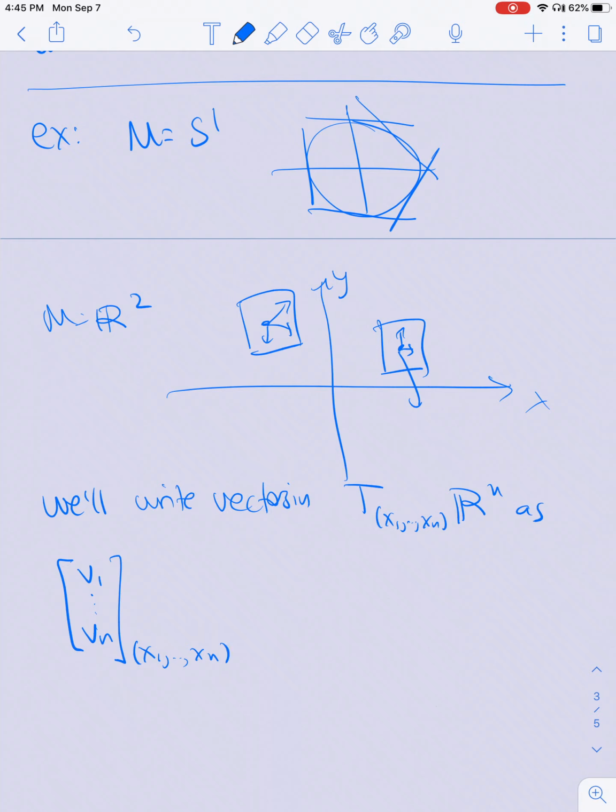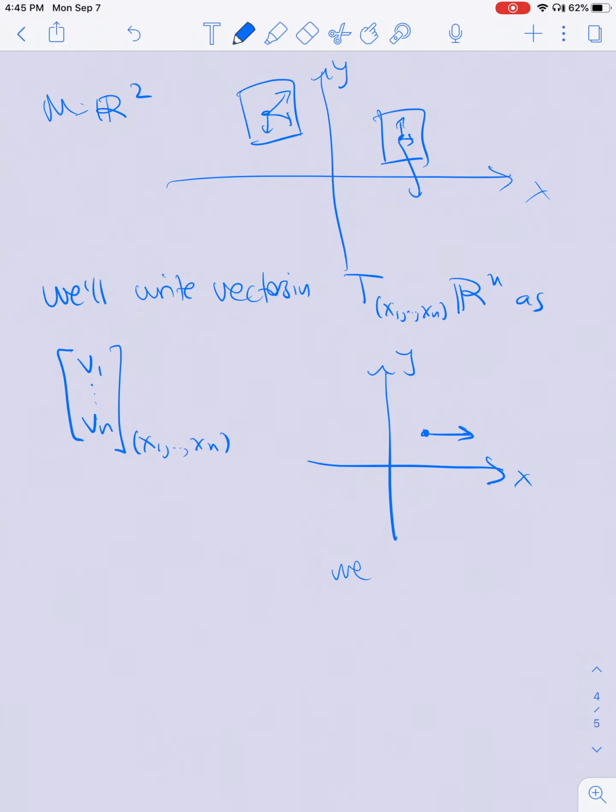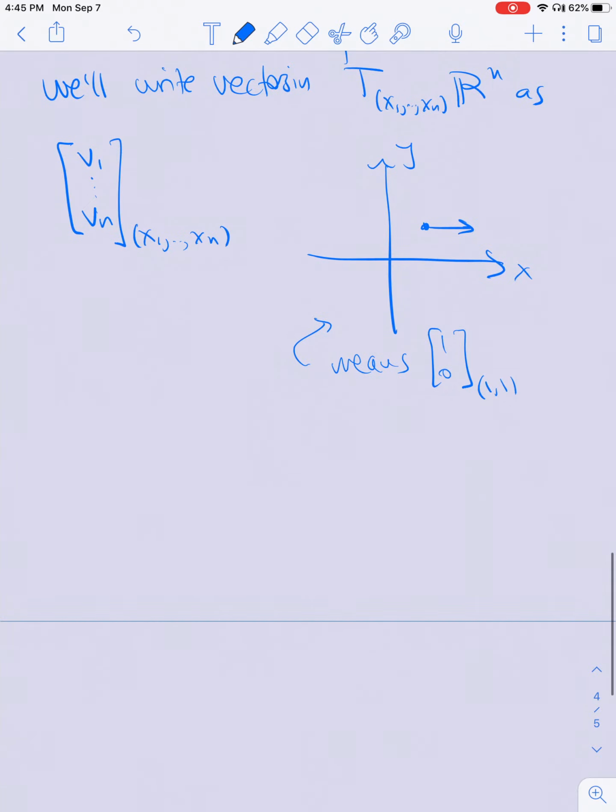So for example, if I have the point (1, 1) and I want to consider the vector (1, 0), what I mean by this picture is the vector (1, 0) at the point (1, 1). So there's a couple of things we can do with the tangent space.